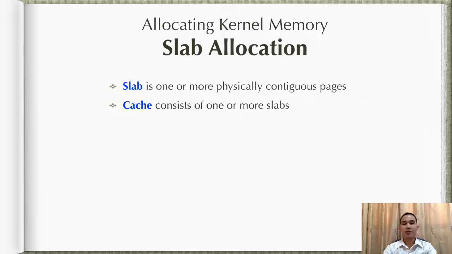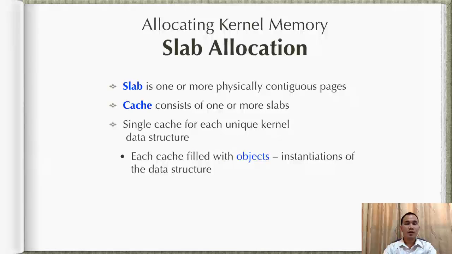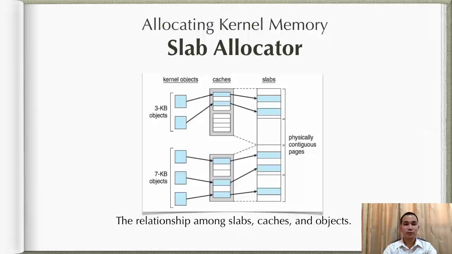The cache representing process descriptors stores instances of process descriptor objects, and so forth. Now there's a single cache for each unique kernel data structure, wherein each cache is filled with objects. These objects are instantiations of the data structure. The slab allocator.